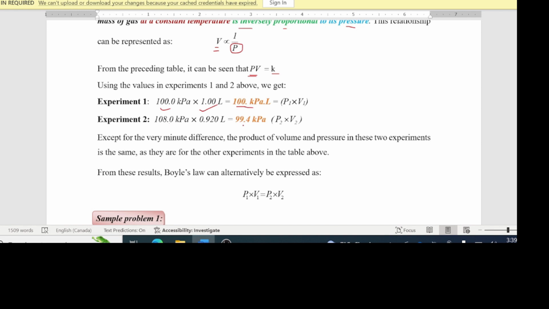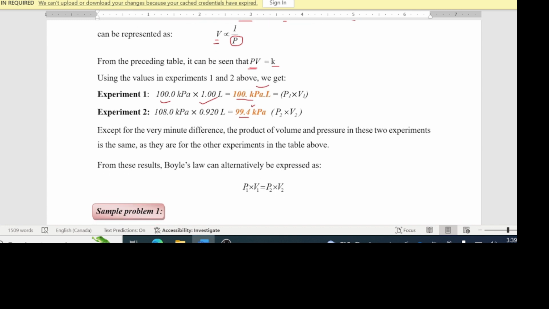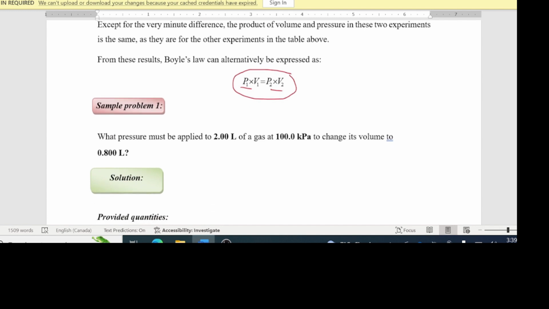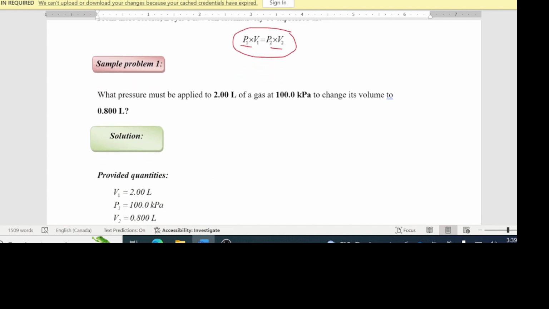For the second experiment, you'll end up with this. So this is P1 times V1. And since we said, neglecting that small difference there, we can say that this guy is equal to that guy there. We can generally now say that P1 times V1 is equal to P2 V2. And this is another way of expressing Boyle's law. Okay? Now, how does this equation help us? It helps us to calculate one entity if 3 of them are given.